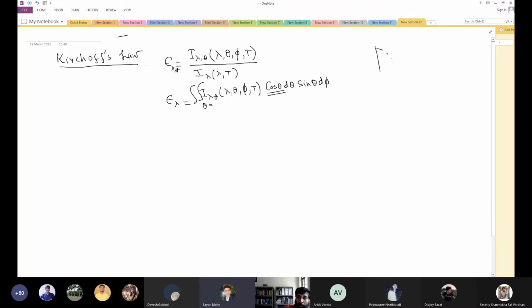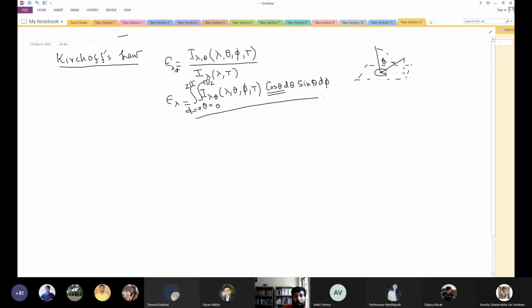This is from the top, so this angle is theta, and this is the plane and the projection here. So theta equals 0 to pi by 2, and phi is the direction angle, so phi equals 0 to 2 pi.